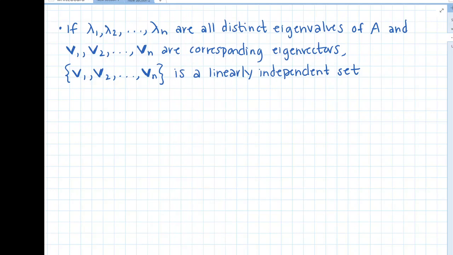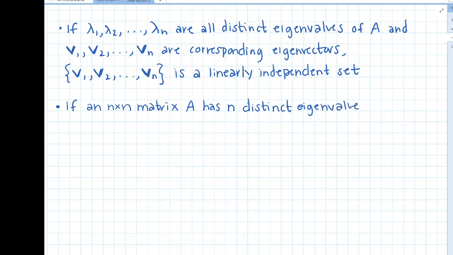So based on that, that tells us that if an n by n matrix A has n distinct eigenvalues, so meaning no repetition, no multiplicity 2 happening, then based on what we wrote above, that means that it also has n linearly independent eigenvectors.